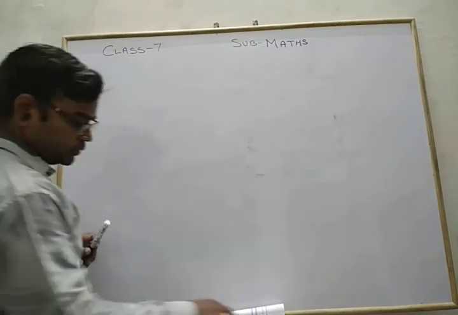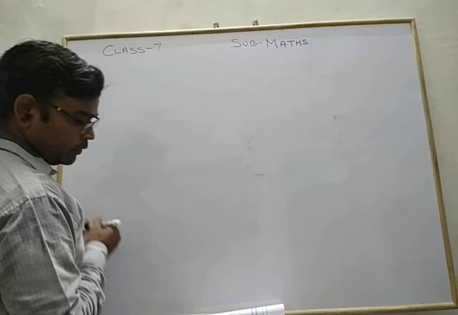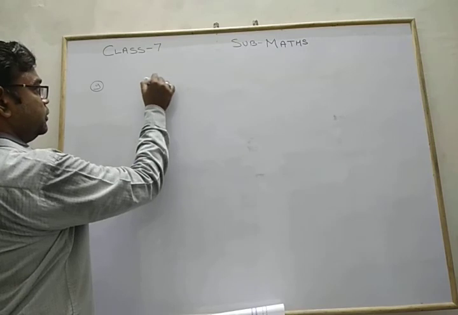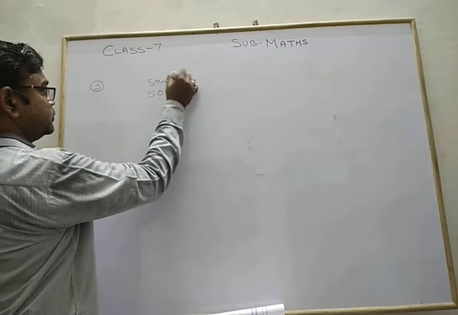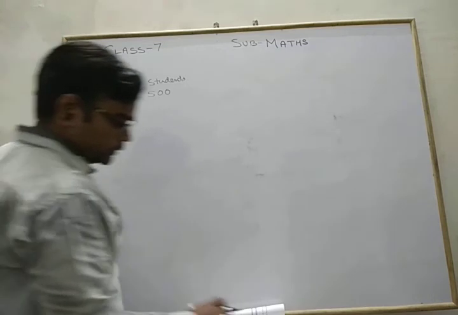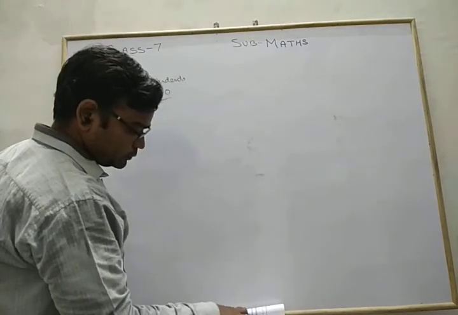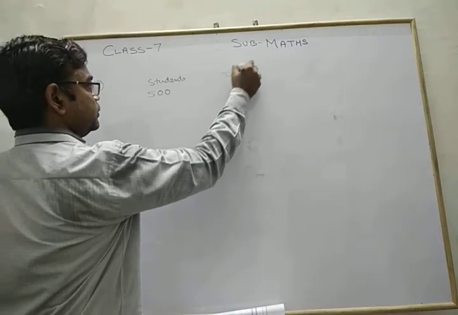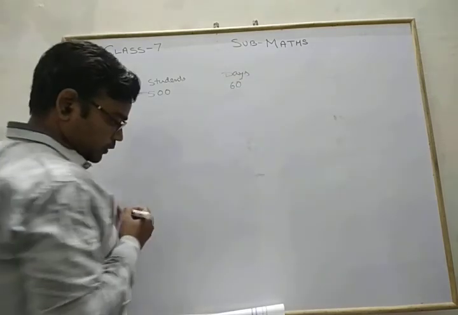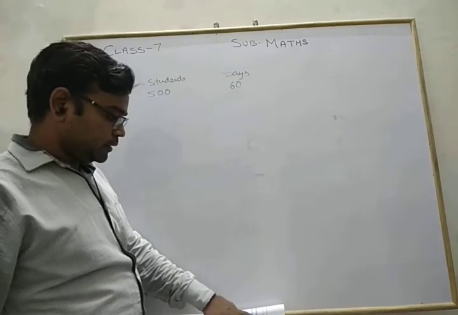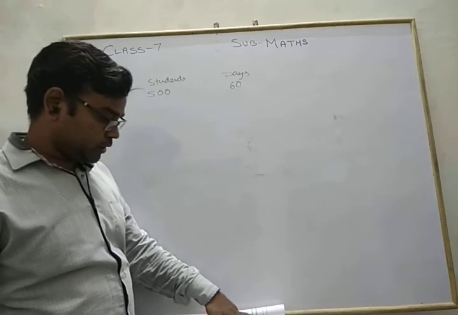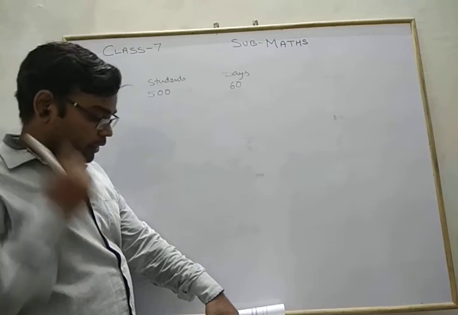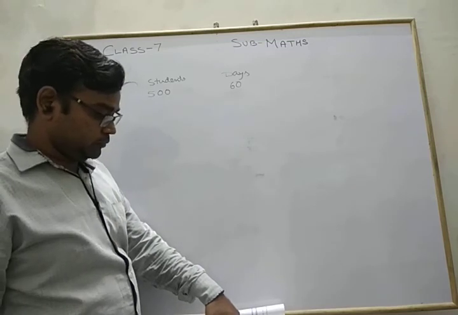The question says that for 500 students, the number of days the ration lasts is 60. For 500 students, the number of days the ration lasts is 60. Now, after 12 days, 300 more students join the hostel mess.